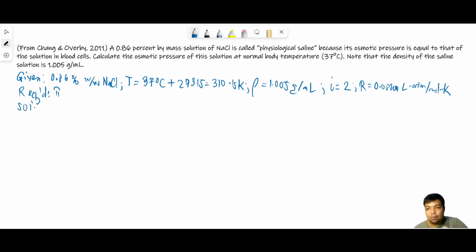So how do we solve this one? Since we're given the concentration of your solution in percent mass, we assume 100 grams of your solution.